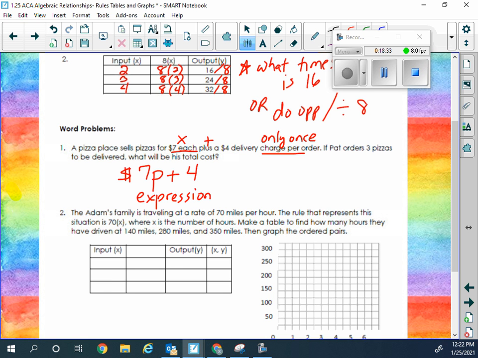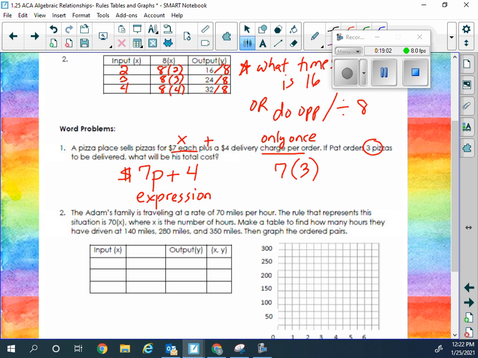Who can tell me why not? What's going to turn it into an equation? Somebody else. Michaela? Speak up. Jacob? That's exactly right. So now what we're saying is let's actually do it. If Pat orders 3 pizzas to be delivered, what would be his total? So now we know how many. It's 3.